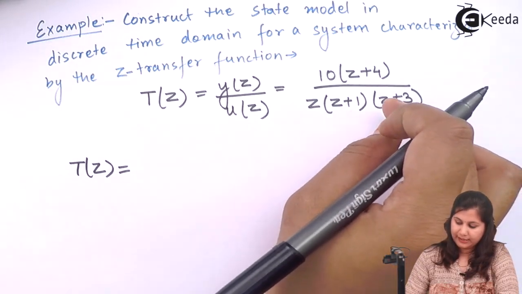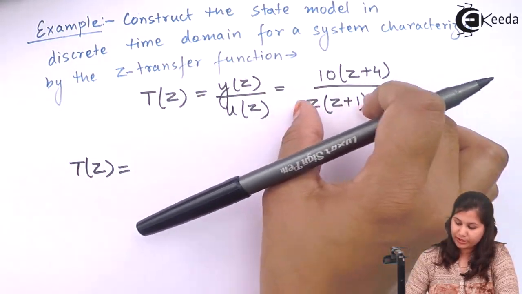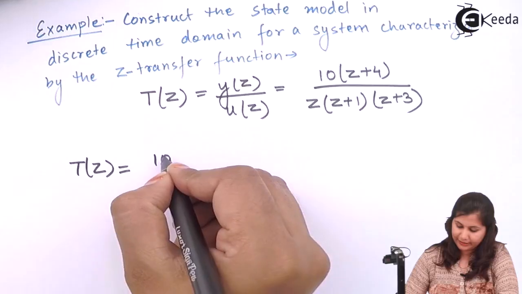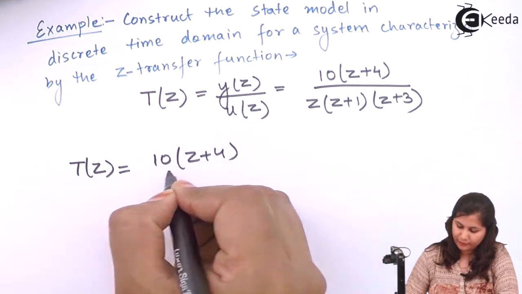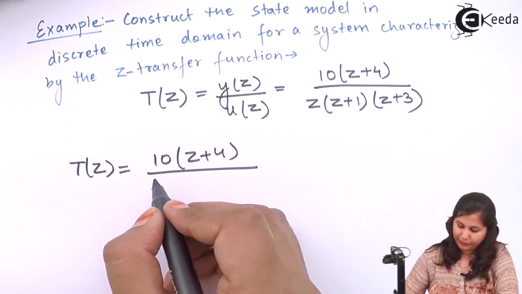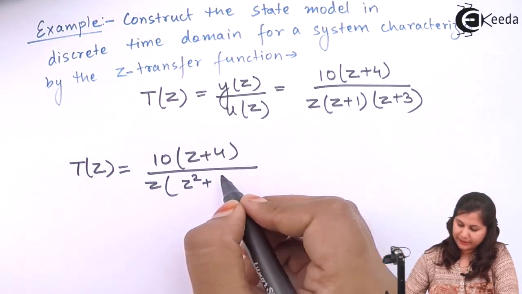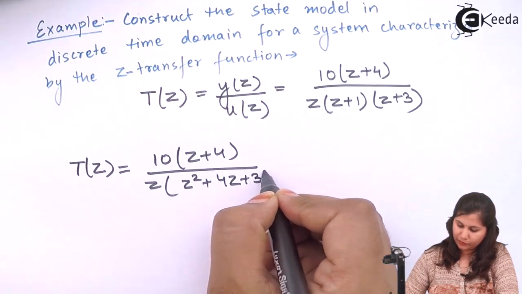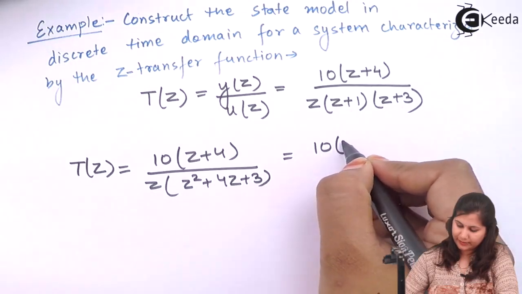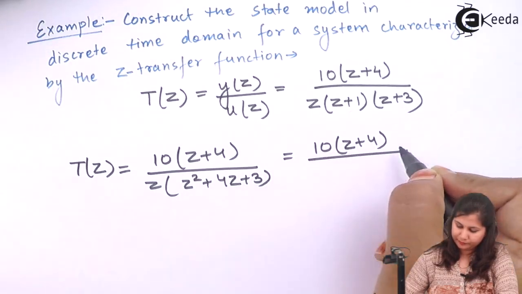Take out this Z cube common. First just multiply this, we will get 10Z plus 4, upon multiplying this we have 3Z plus Z is 4Z plus 3, so it will be 10Z plus 4.